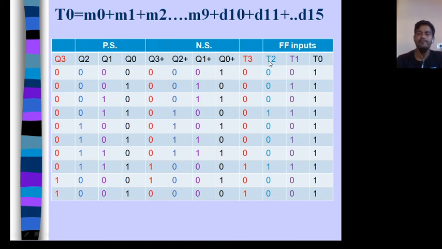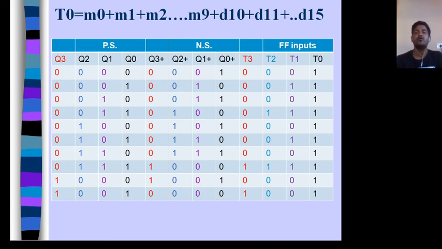It is sigma M 3 and 7 plus don't care terms, all terms from 10 to 15. What is T3? It is sigma M 7 and 9 plus sigma D 10, 11, 12, 13, 14, 15.